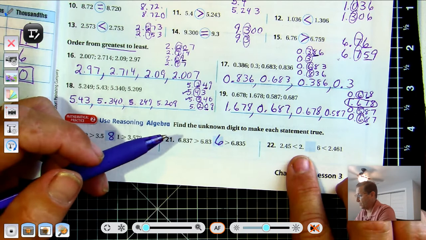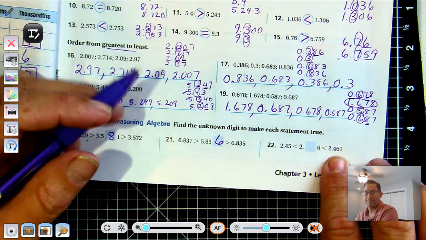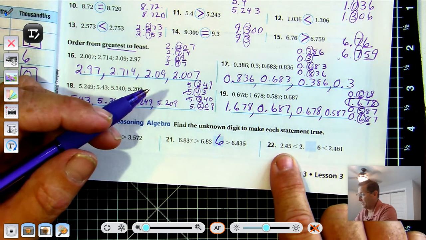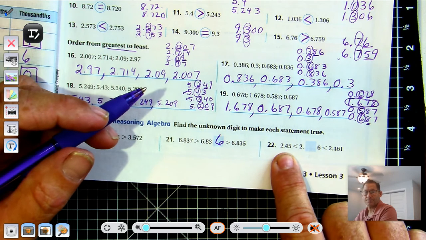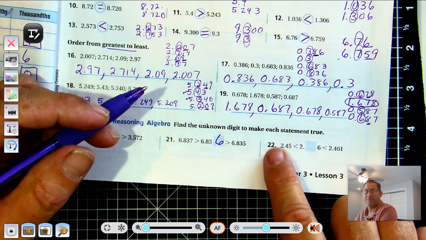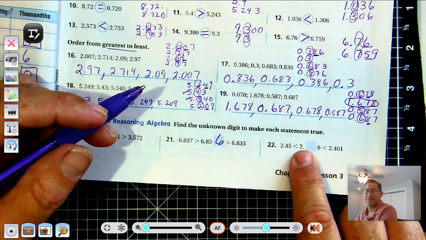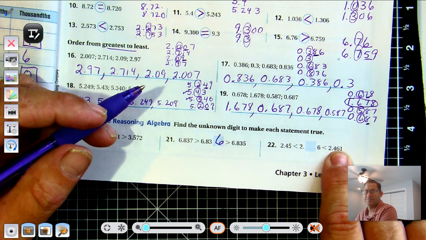2 ones, 2 ones, 2 ones. Okay. 4 hundredths. 4 tenths, some tenths, 4 tenths.